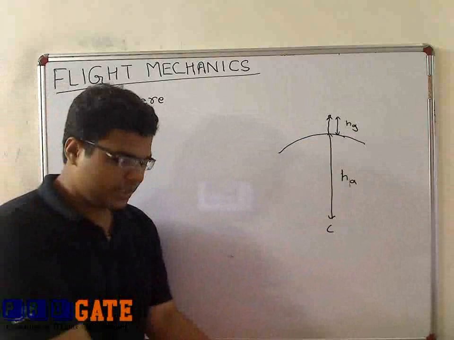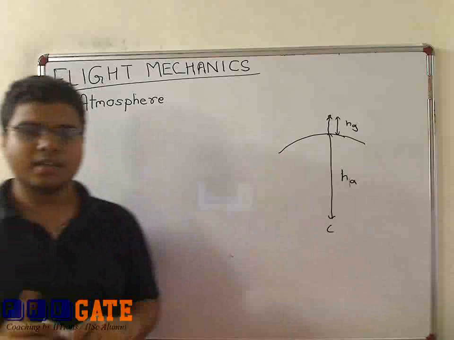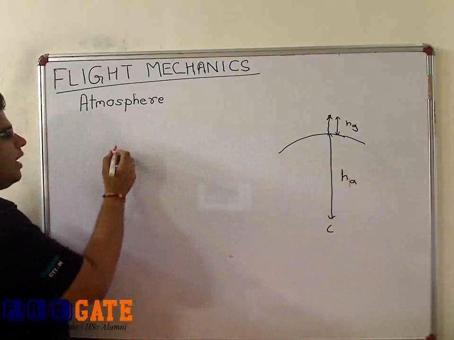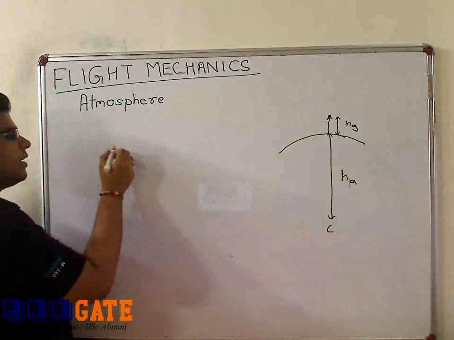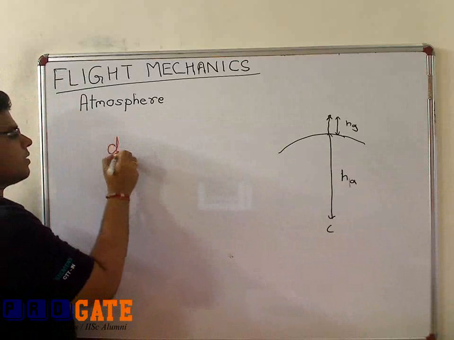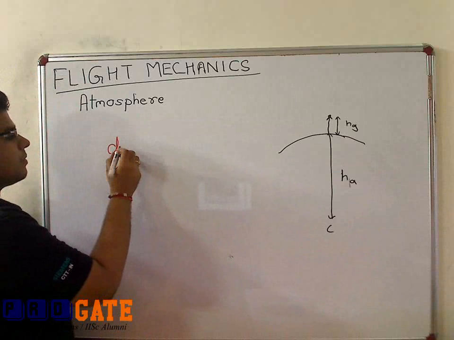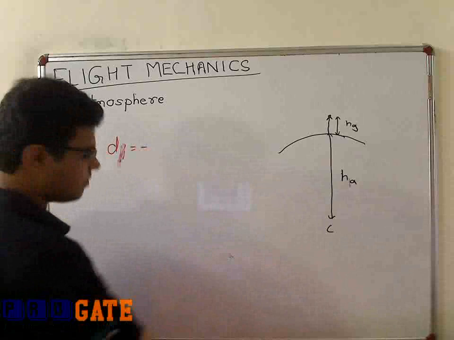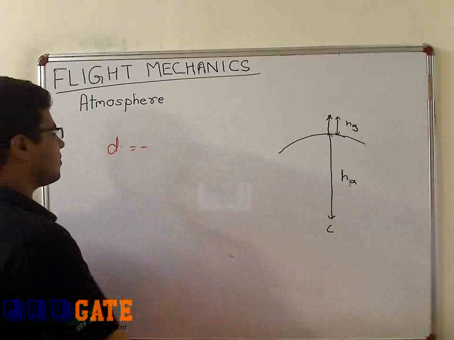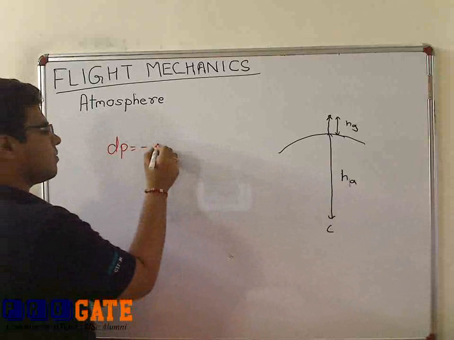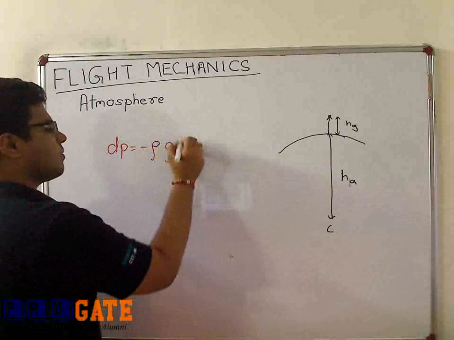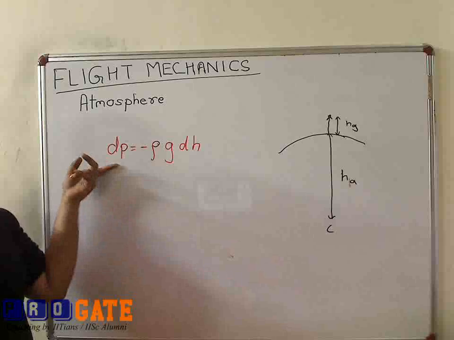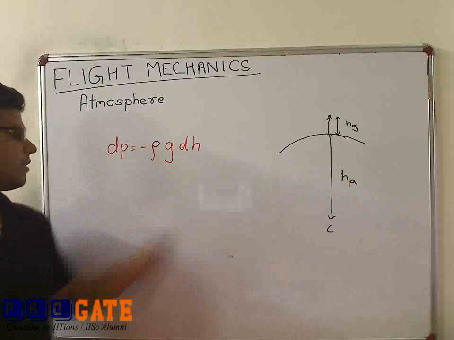So hydrostatic pressure has this property where as the height increases, the pressure drops by an amount described by this equation.